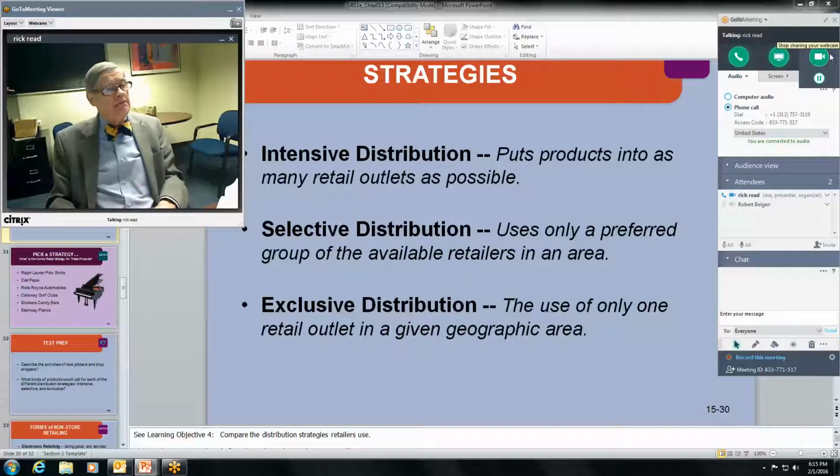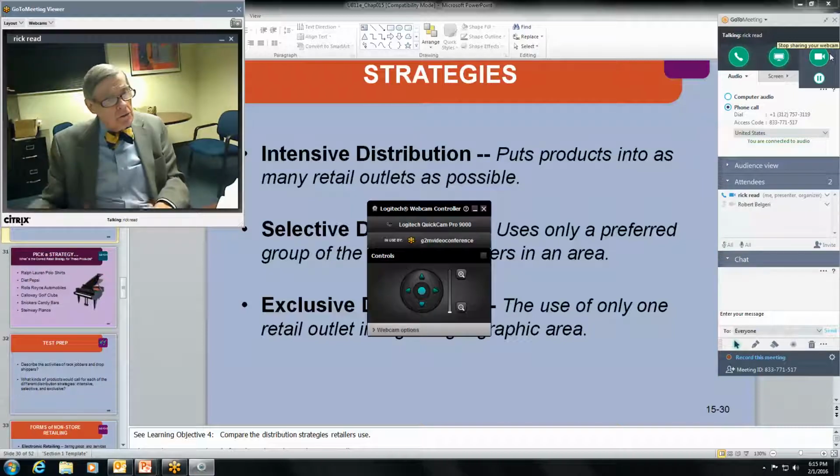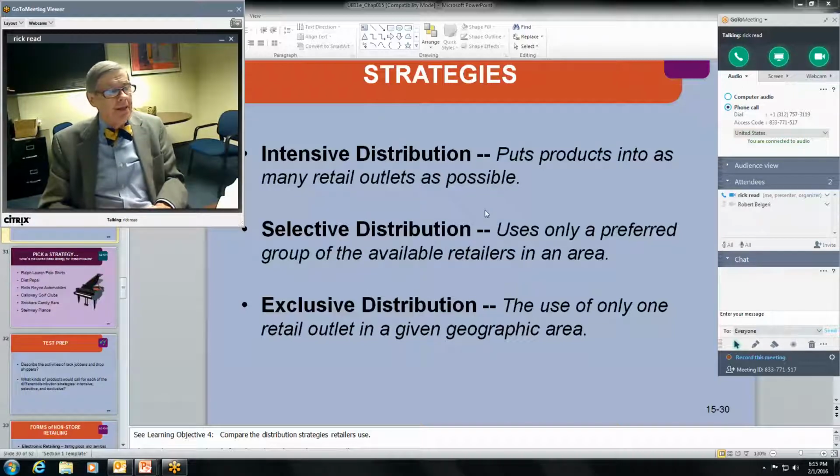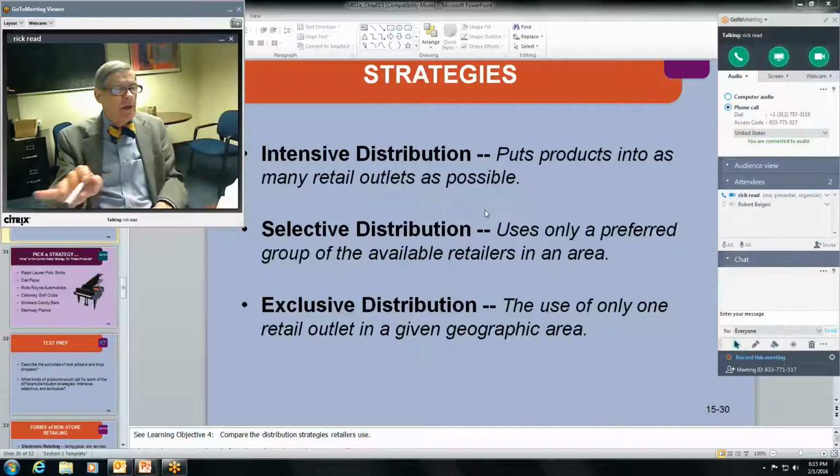Selective, we're only going to go certain places. In other words, if we know we have people who will buy certain things in this area, we're going to put that product there. A preferred group of available retailers in an area. So we're going to go to where we're going to do business best.